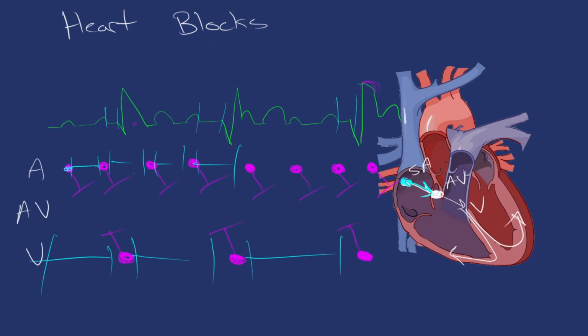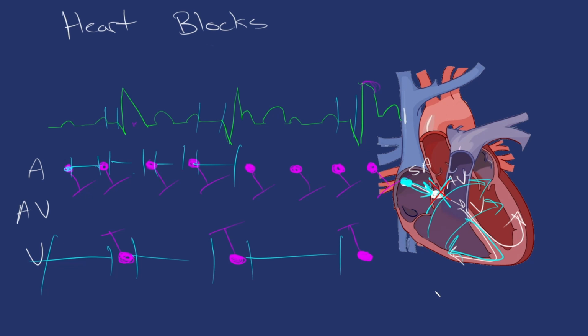So what's happening is the SA node is sending the signal, and the AV node is not doing anything in this case. It is completely shut down. And because this is a wide QRS, the signal is coming from the ventricle's own pacemakers, sending that up and around to themselves. So the ventricles are on their own, the atria are on their own.